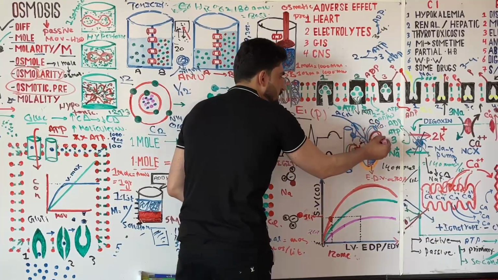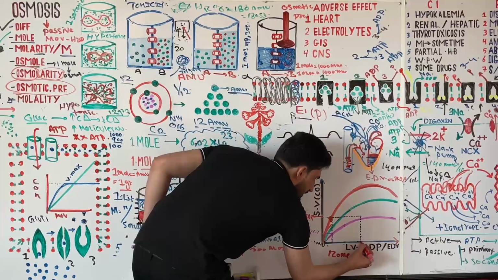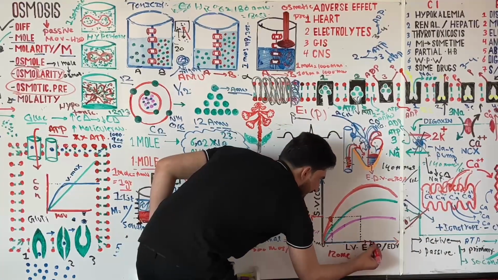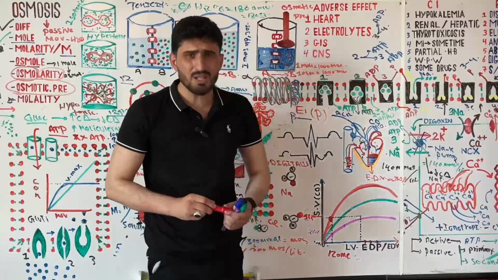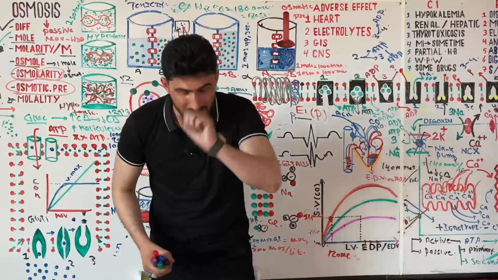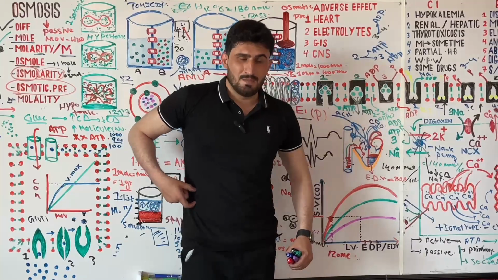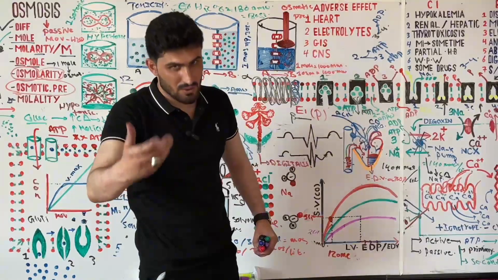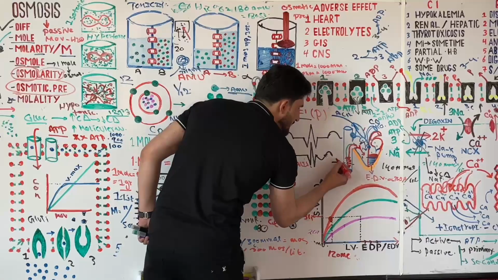If I increase venous return, end-diastolic volume will be more. So now my end-diastolic volume goes in this direction. Okay, that's one thing. Second thing, angiotensin 2, which is made by this renin angiotensin system, causes vasoconstriction.